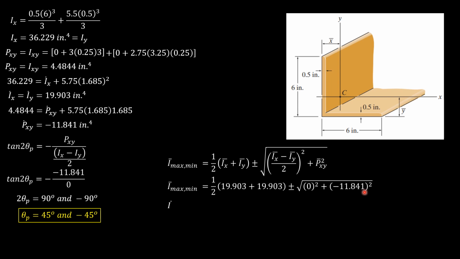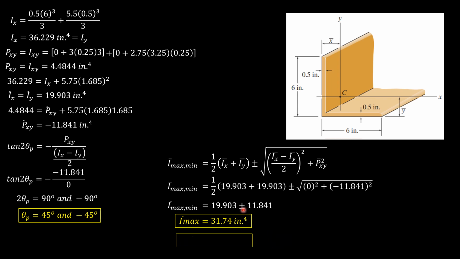So this would be 19.903 plus minus 11.841. So for the maximum, I bar max is equal to 31.74 inches to the fourth. For the minimum, 19.903 minus 11.841 to 4 significant figures. That would be 8.062 inches to the fourth.